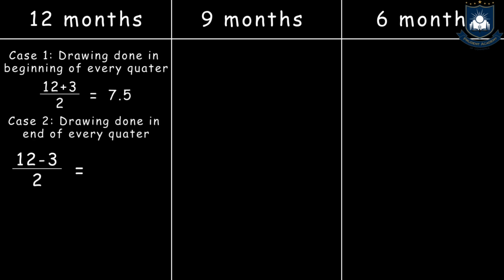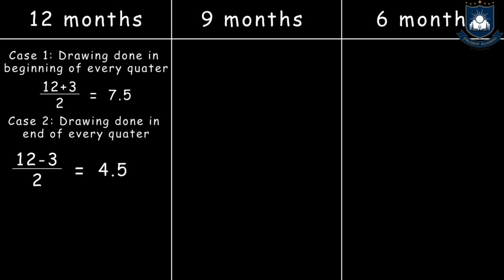Next, if the drawing is done at the end of every quarter, what is to be done? It is once again simple. 12, the accounting period, minus 3, divided by 2.